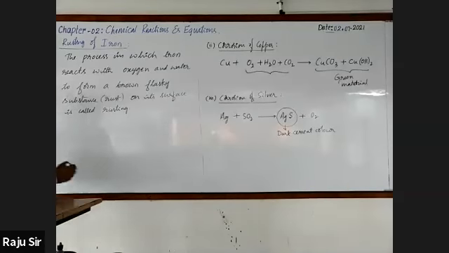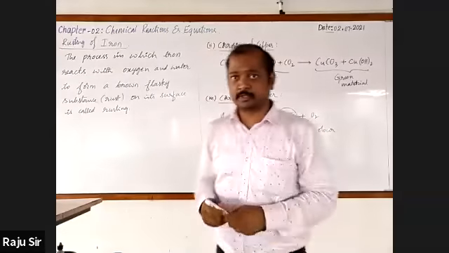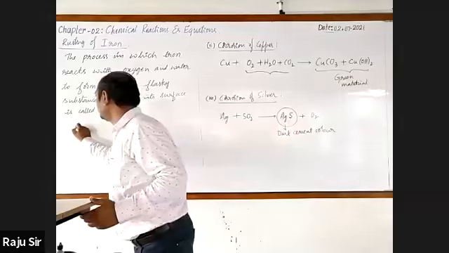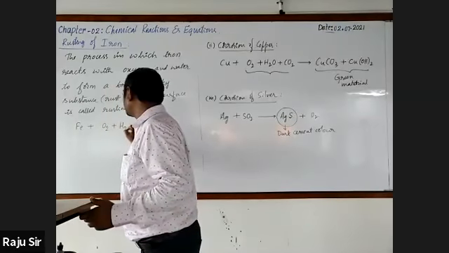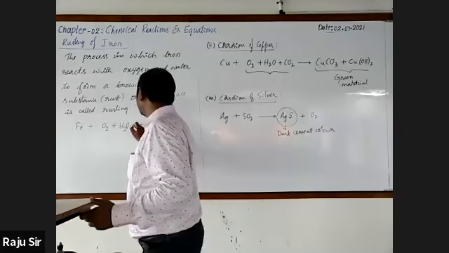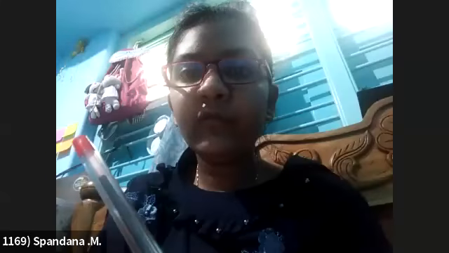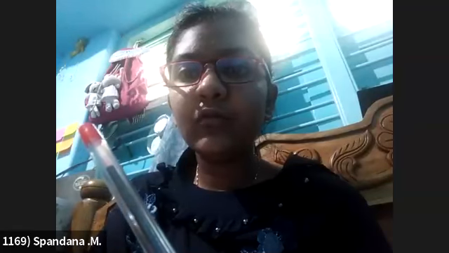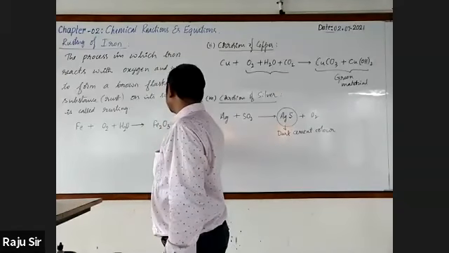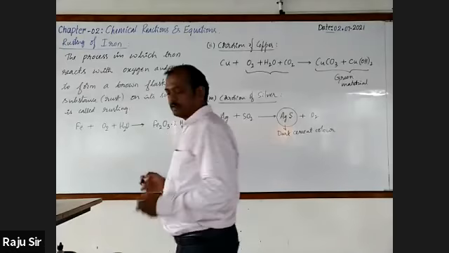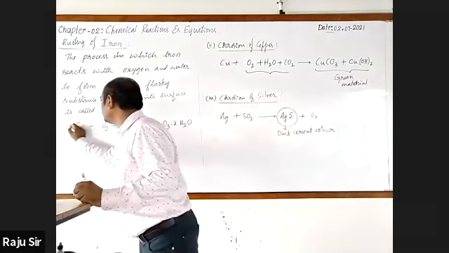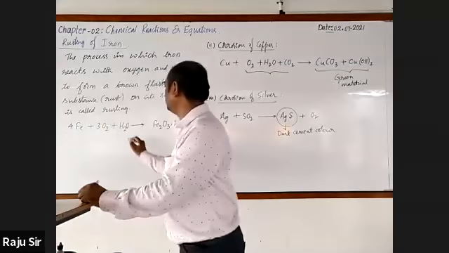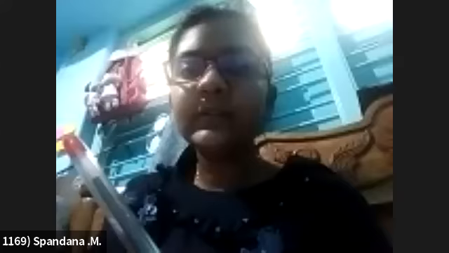Now, below that you write the chemical equation with respect to this. It is Fe plus O2 plus H2O gives rise to Fe2O3.xH2O, and you balance it as we have already balanced. This is 4, this will be 3, this is x, and this is 2.